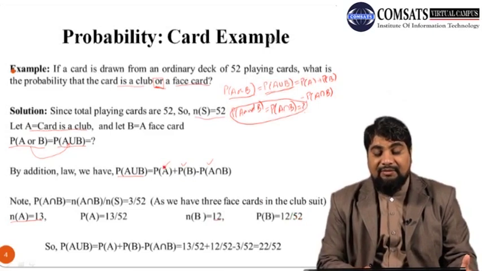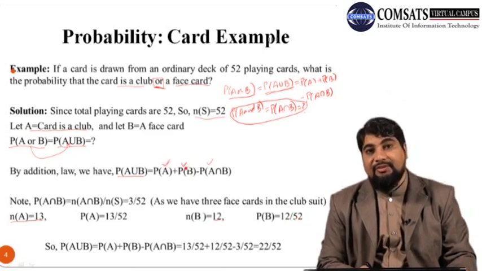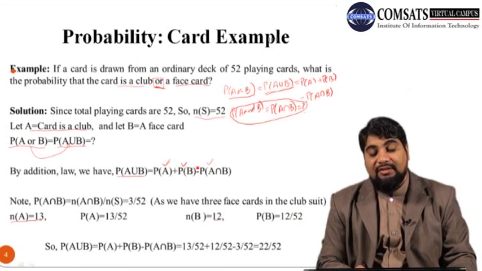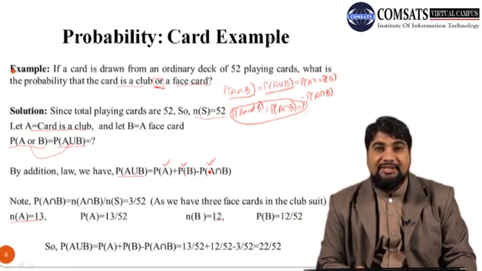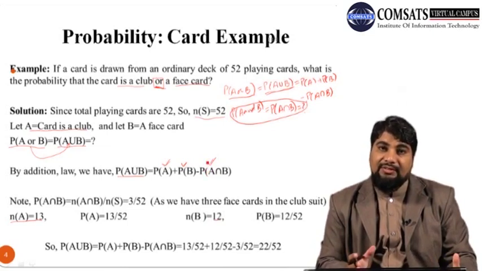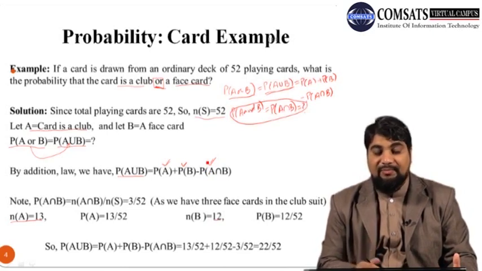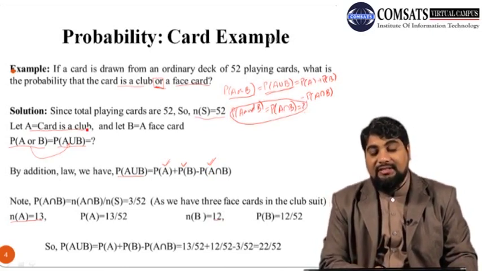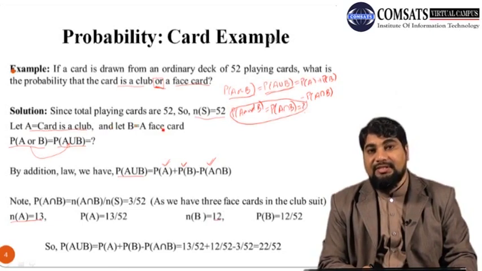We have calculated probability of A as well as probability of B. Now we need to calculate probability of A intersection B. Intersection means those cards which are in A as well as in B. A is that the card is a club, B is that the card is a face card.